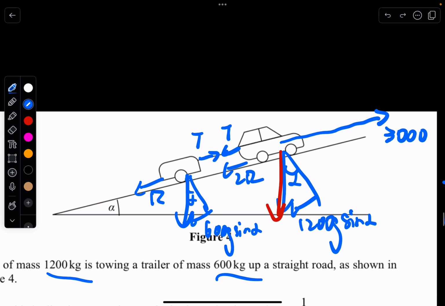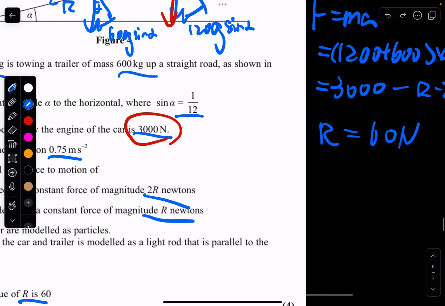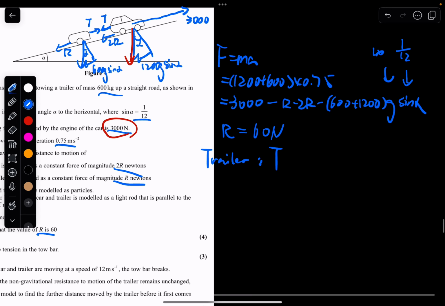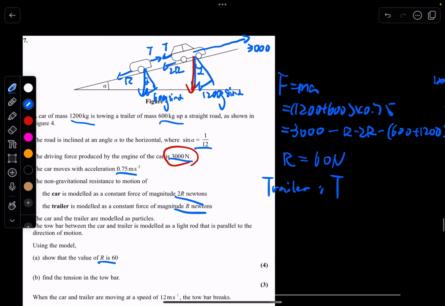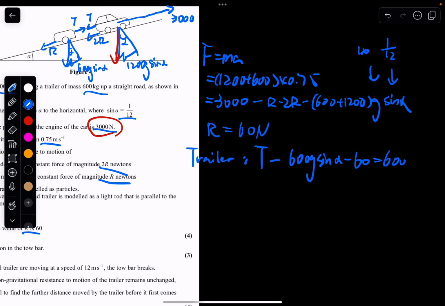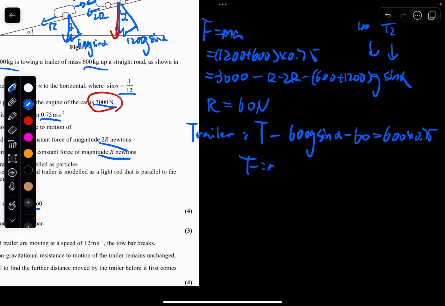For the trailer, let's write it like this: trailer T. We'll have to model all the forces, so T minus 600 g sine alpha, and then minus the resistance, would equal 600 times 0.75. This is from F equals ma, if you only account for forces acting on the trailer. I hope that is clear enough.